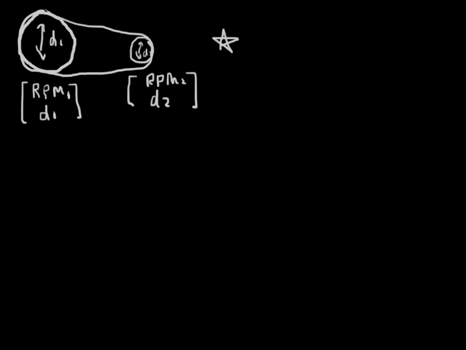So we were given from electric class, or if you think about this intuitively, you know that this speed, or how fast it's rotating, is inversely proportional to its diameter.